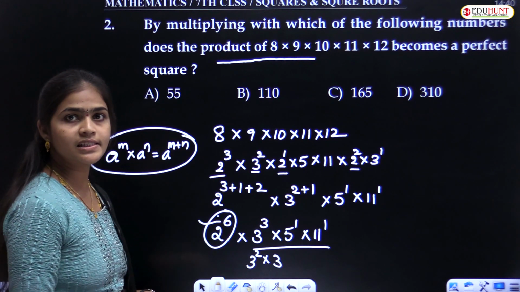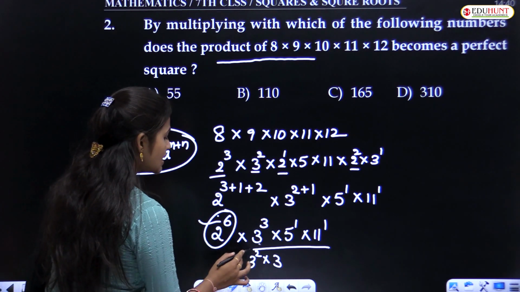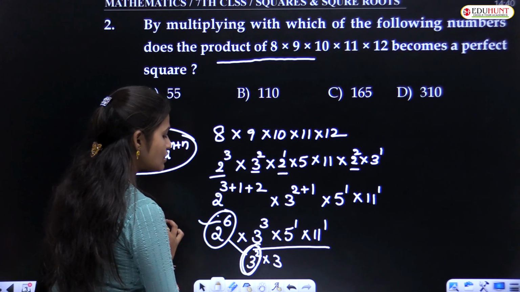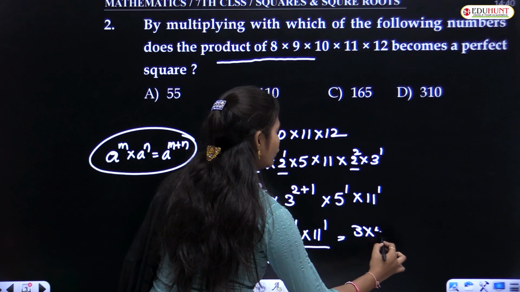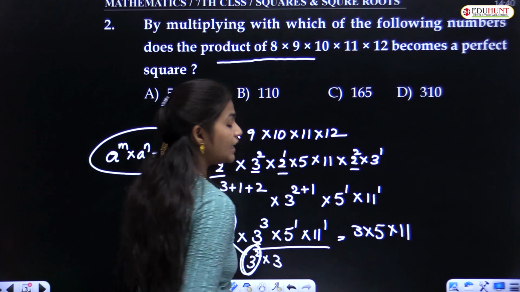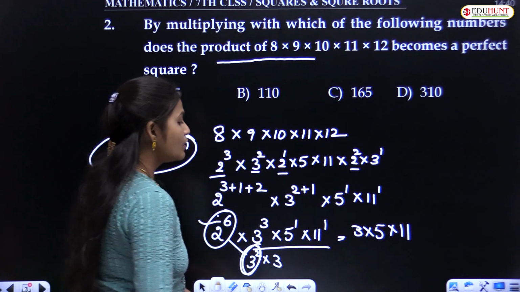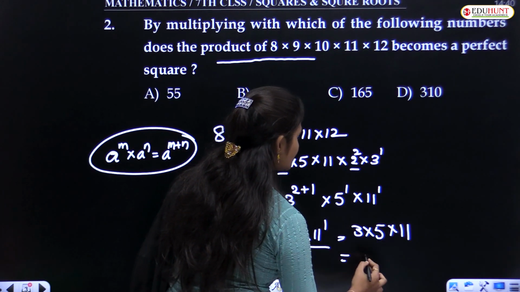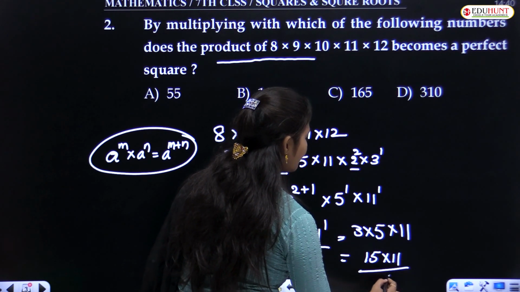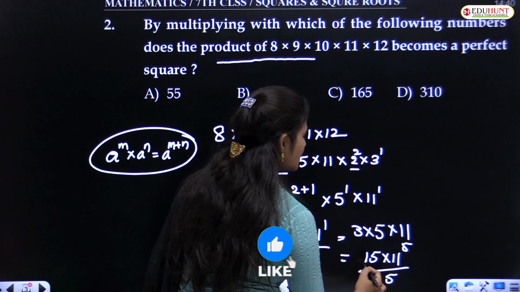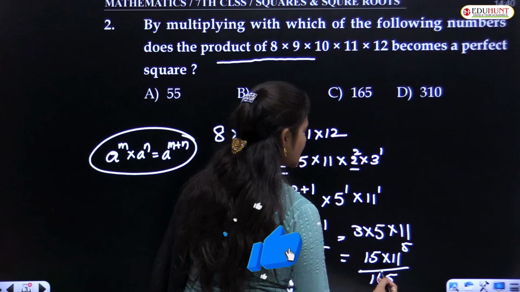Shall we write like that? 3 square is also a perfect square, so leave that. Now the leftover ones, 3 into 5 into 11. 3 fives are 15, into 11. 11 fives are 55, 110 plus 55 is equal to 165.